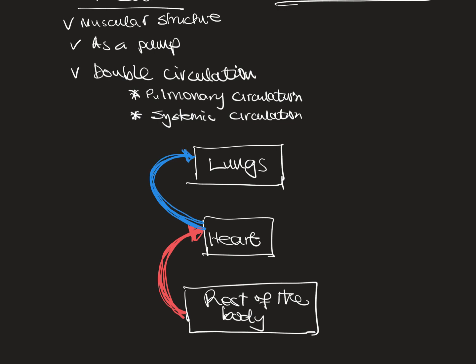In the lungs, it gets oxygenated and carbon dioxide is removed from it. So you now have what we call oxygenated blood, a blood that is rich in oxygen. That oxygenated blood will come back to the heart. Okay? And then what happens? The heart sends it to the organs.